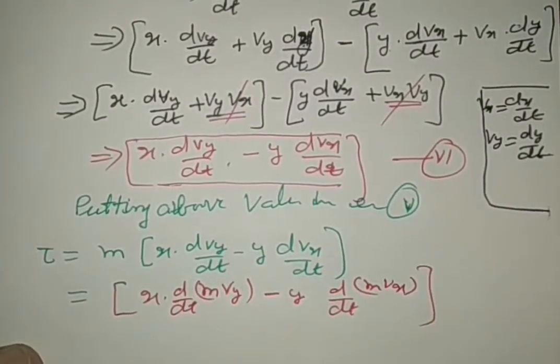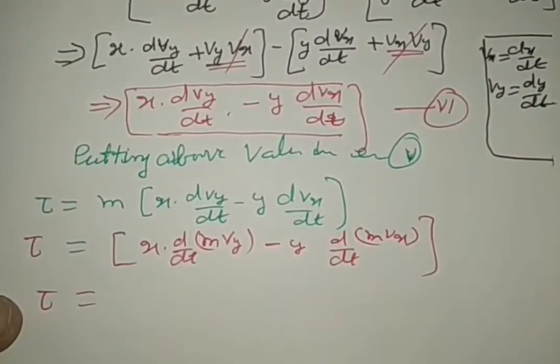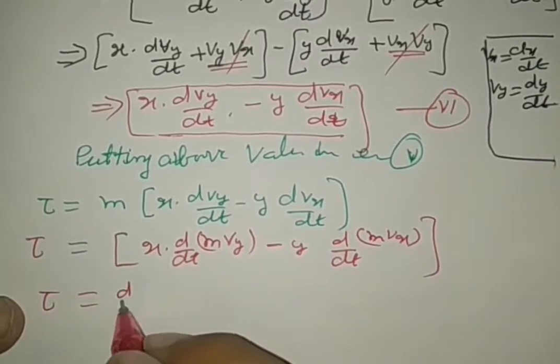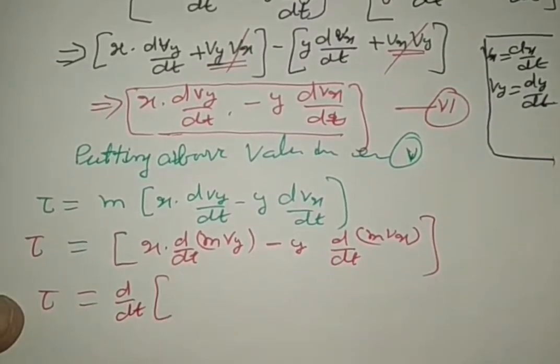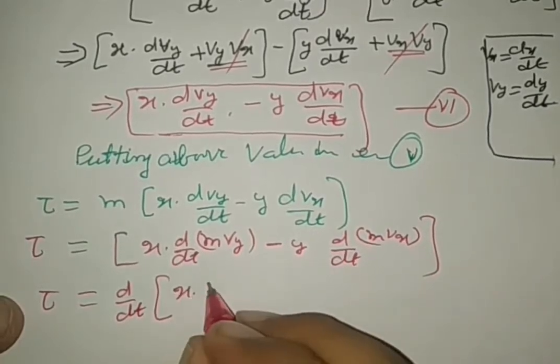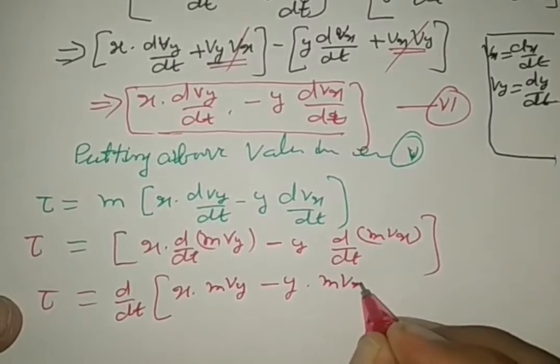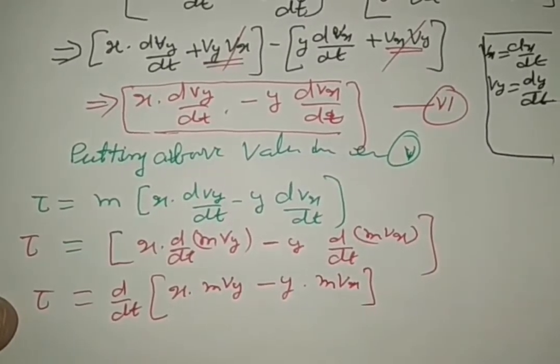Clear? Now this torque totally can be written in this form. If we take d by dt as common, it becomes d by dt of x dot mvy minus y dot mvx, right?